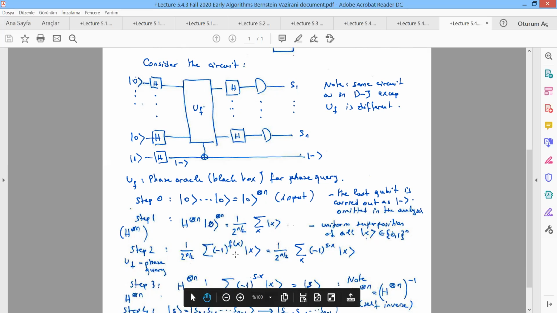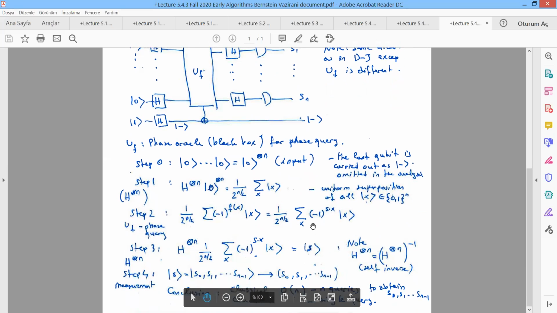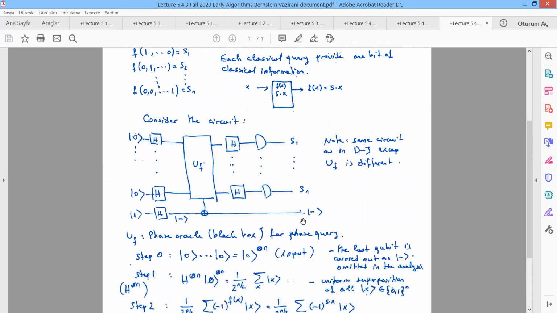This was how a phase query or a bit oracle worked. But now we have a specific description of f of x. We know f of x equals s dot x. This is given.